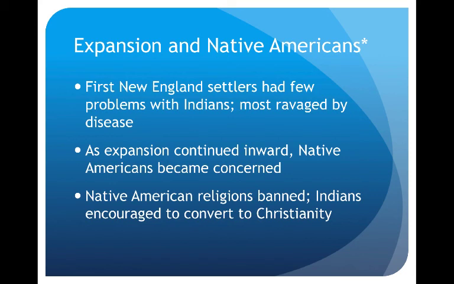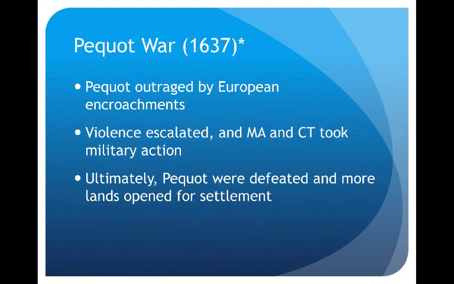Of course, Puritans thought that Native American religious beliefs were satanic, essentially, so they banned Native American religions. Instead, they encouraged Indians to convert to Christianity. Some did, most did not. And this obviously only creates more tension between the two sides.